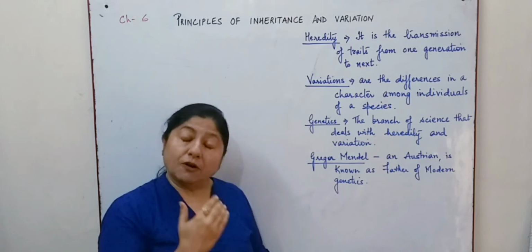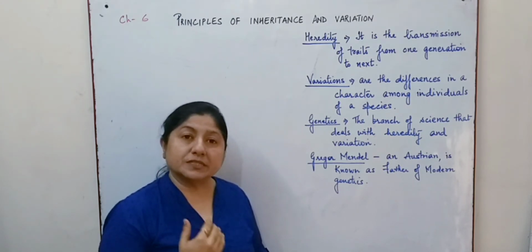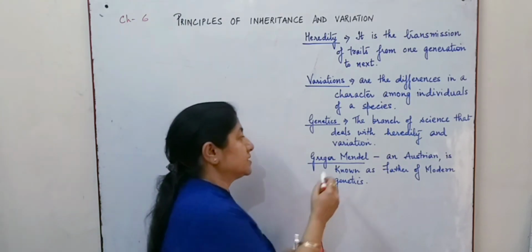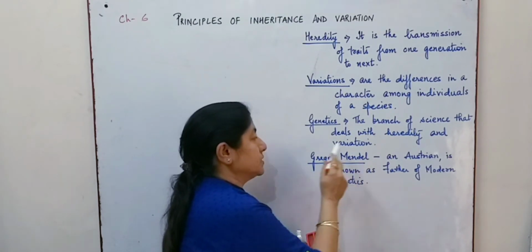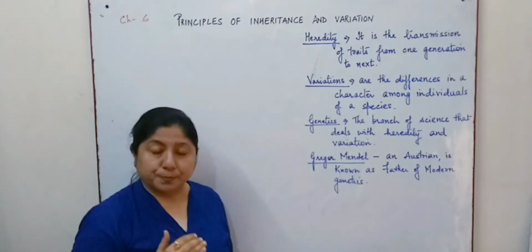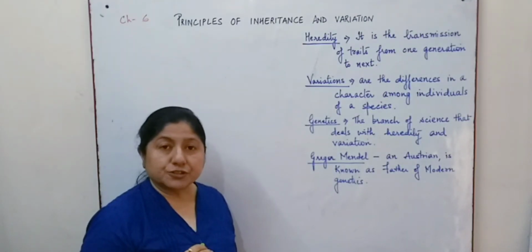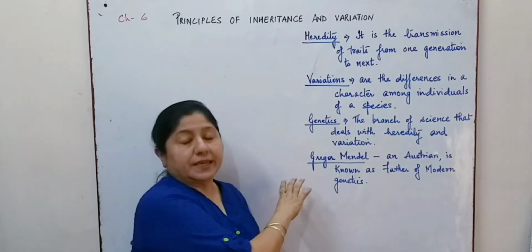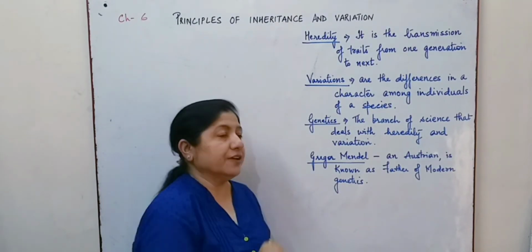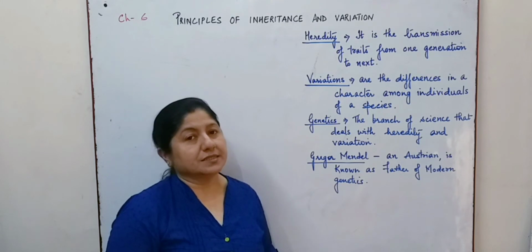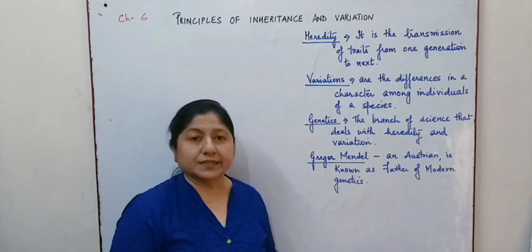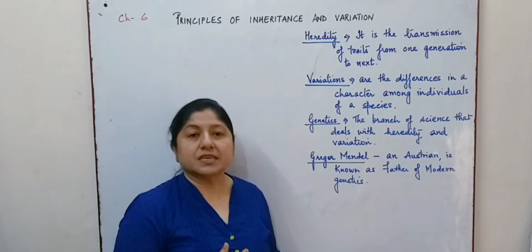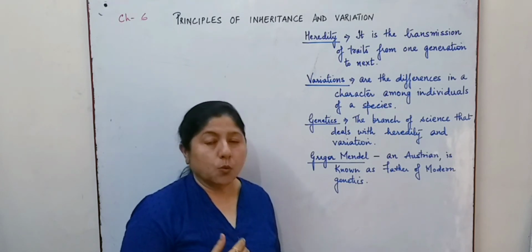All the research work or the basis of genetics is based upon the work done by Gregor Mendel, and he was the person who first introduced mathematical calculations to explain the pattern of inheritance, and therefore he is known as the father of modern genetics, because he did the pioneering work.